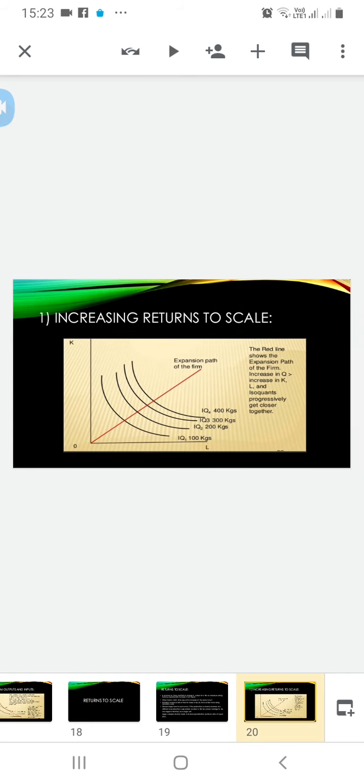So here are three stages of returns to scale: first increasing, then constant, and then diminishing.